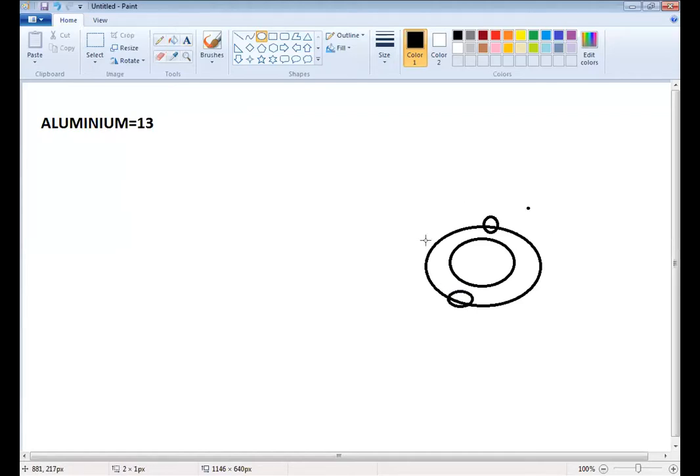After filling the K shell, the L shell is formed. In the L shell, how many electrons are present? 8 electrons: 1, 2, 3, 4, 5, 6, 7, and 8.